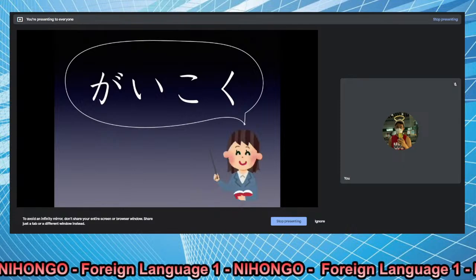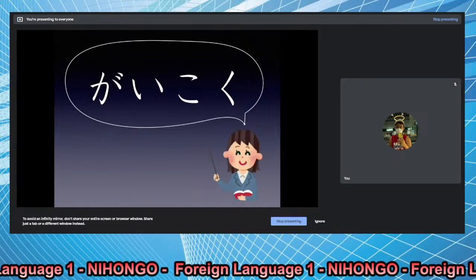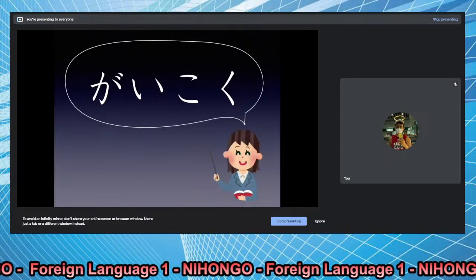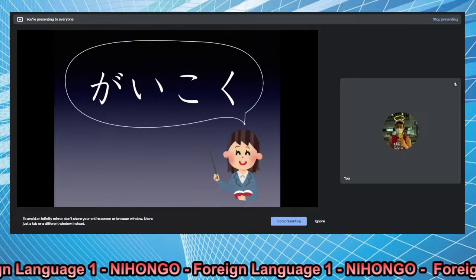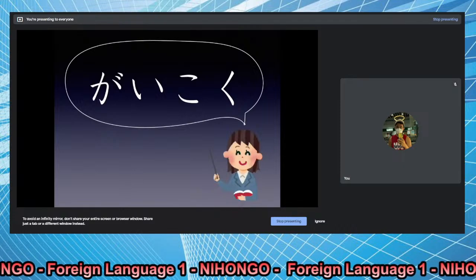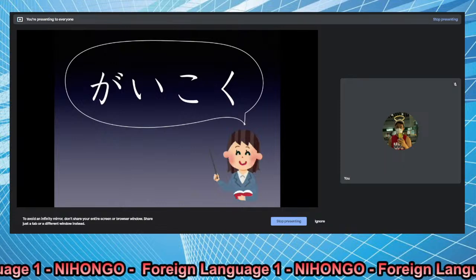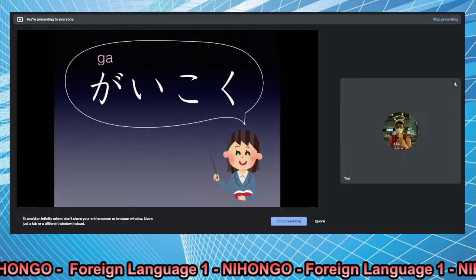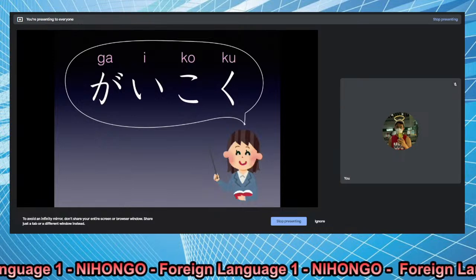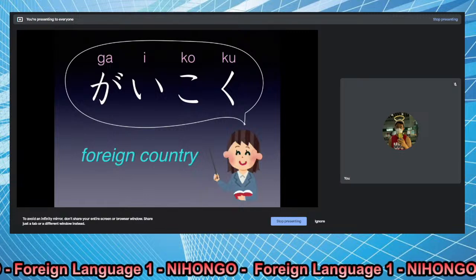Okay, so how do you read this one? Okay, nakita na akong tamang sagot. This one has a G sound in it. Right, this is ga, i, ko, ku. Gaikoku. Gaikoku means foreign country in Japanese.